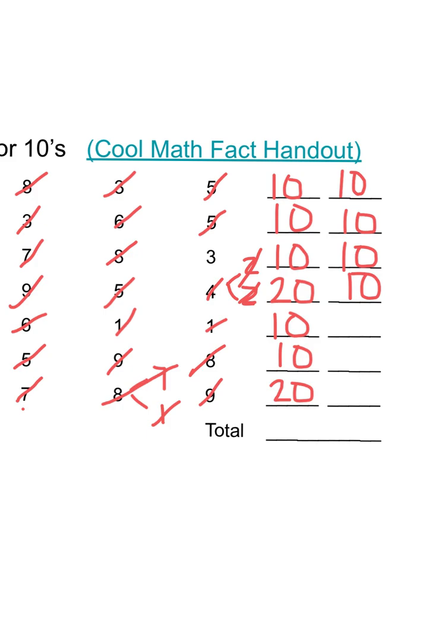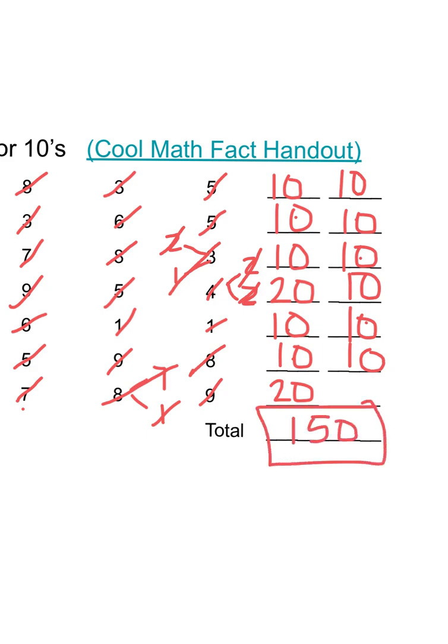A 9, I'll break that 3 into a 1 and a 2, and that equals a 10. And then 5 and 3 and 2 equal 10. So real quickly, 10, 20, 30, 40, 50, 60, 80, 90, 100, 10, 20, 30, 50. So my total sum equals 150.